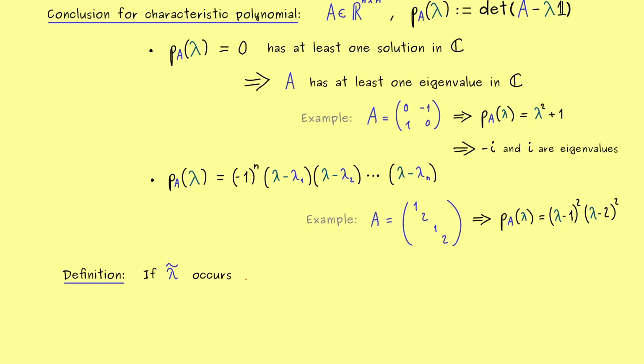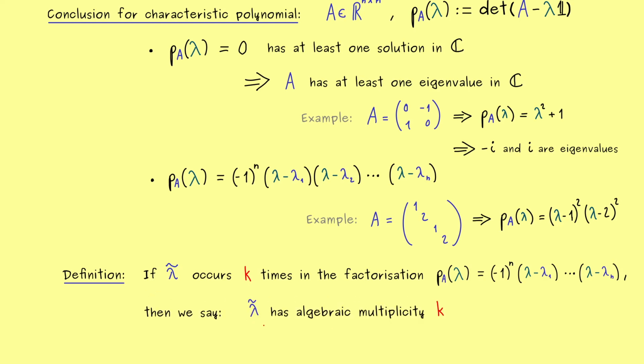And if that occurs k times in the factorization, then this k is called the algebraic multiplicity of lambda tilde. Or to put it in other words, we say lambda tilde has the algebraic multiplicity k.